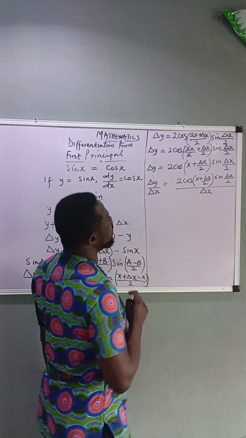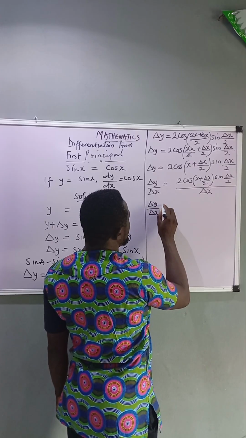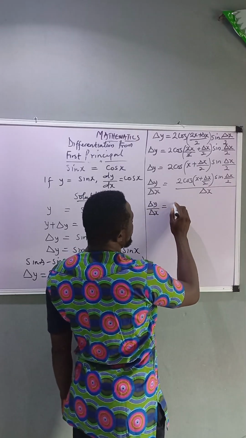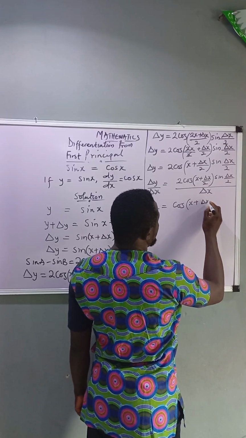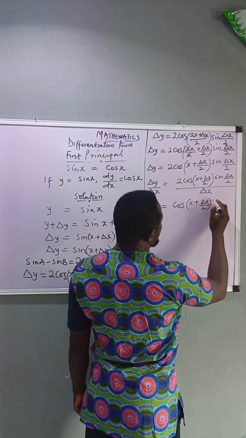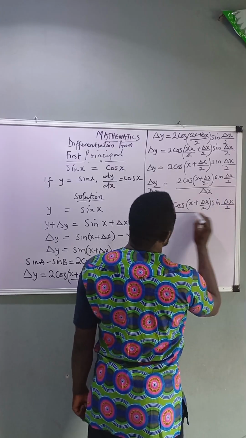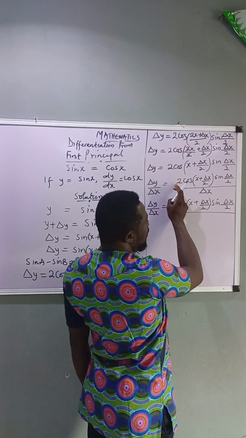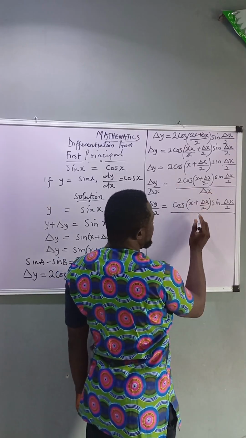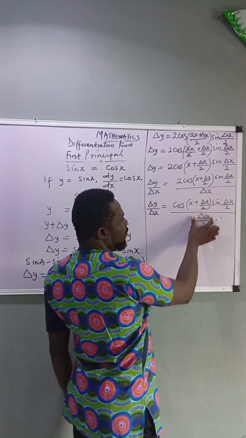If you are still following me, we have delta y over delta x to be equal to cos x plus delta x over 2 sine delta x over 2 over. Now I'm going to write this 2 as delta x over 2. Remember, this is division.